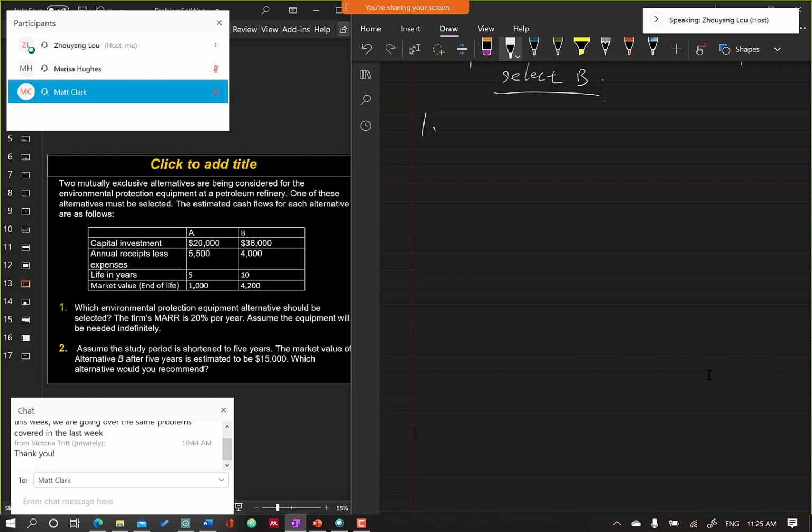So we can use the annual worth method for this kind of problem. What I want to get is the annual worth of A and the annual worth of B.